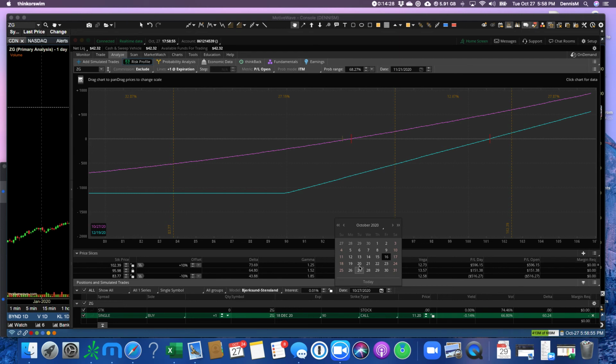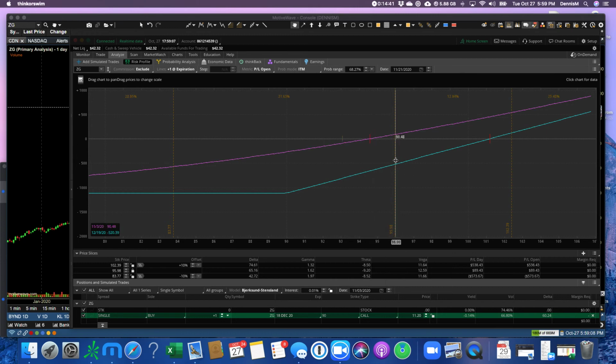I don't think I showed you the right date before. I was looking at this wrong. So anyhow, let's say next week is November the 3rd. Next week you would make $90 if the stock went up to $96. Is it worth spending $1,100 to make $96? I would say no.